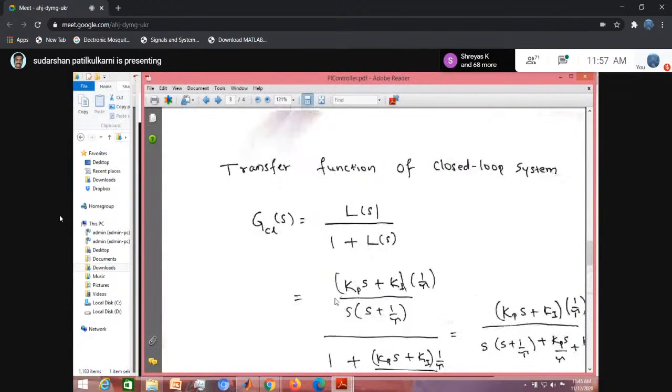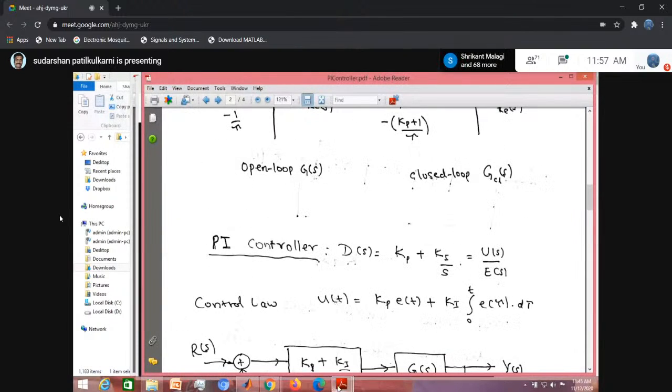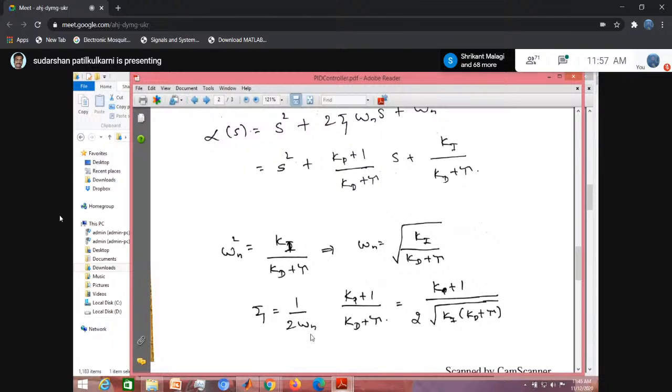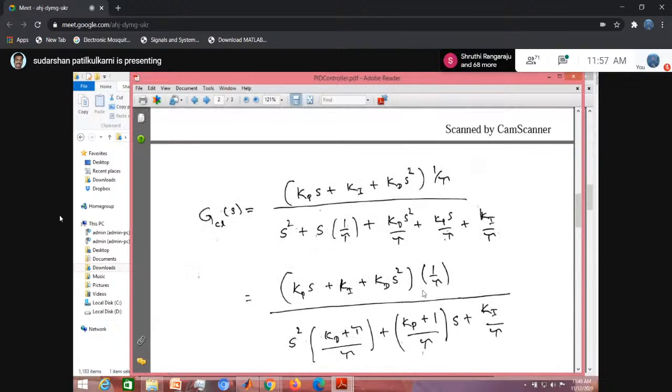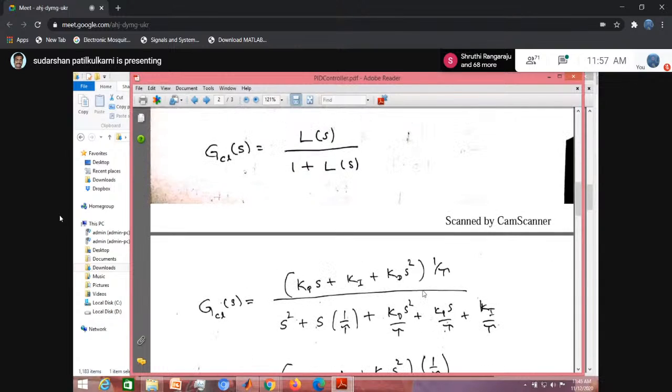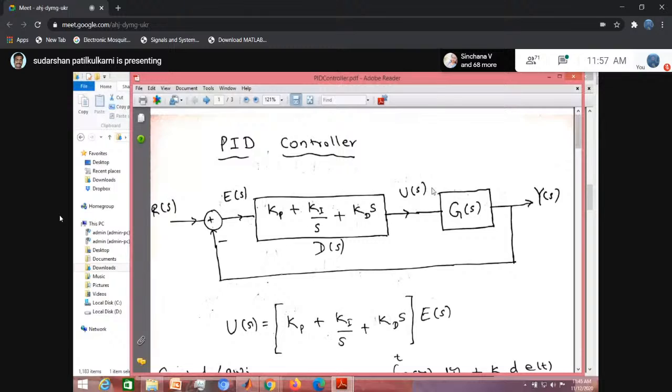See, our interest is the closed loop system. Why are we in any control system? We prefer to use feedback and we are interested in the closed loop system. We are designing the controller such that, see, the open loop plant does not have the desired behavior.